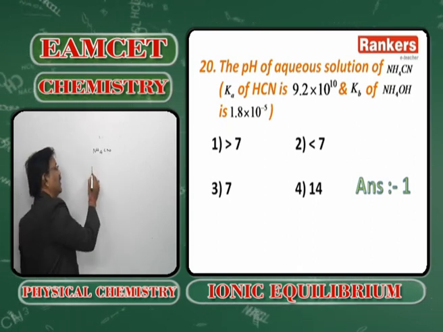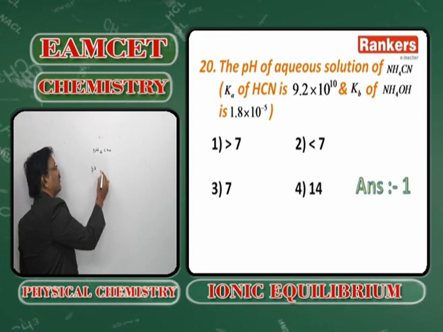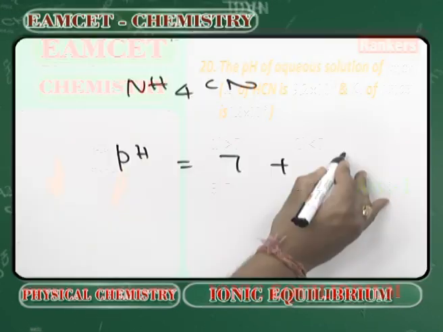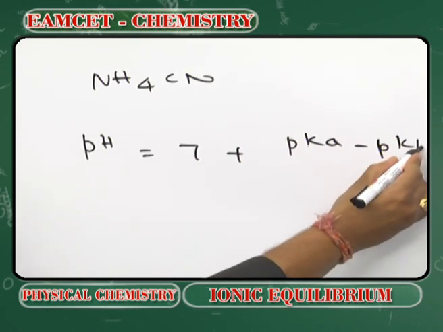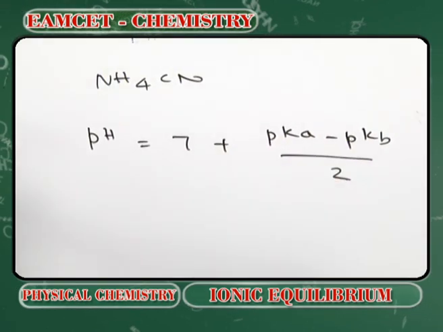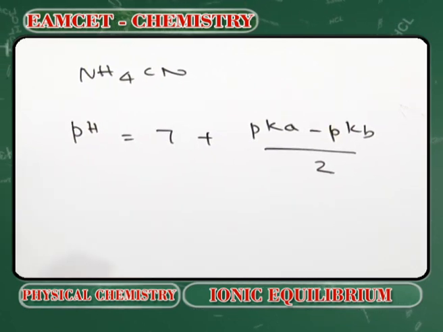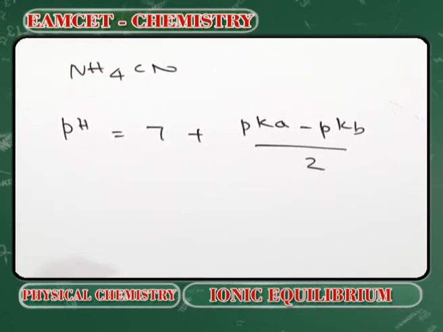For it, pH is equal to 7 plus pKa minus pKb by 2.